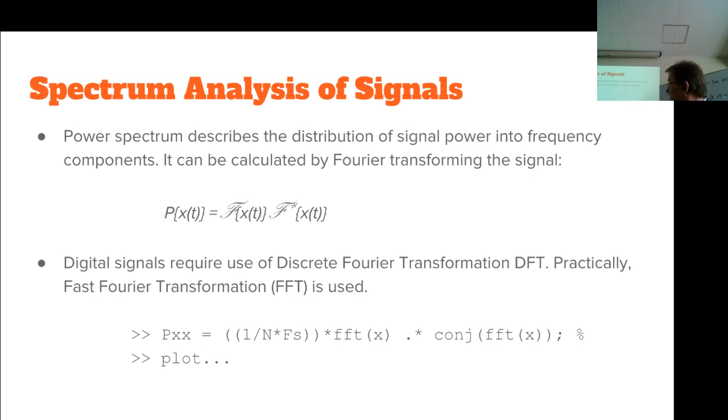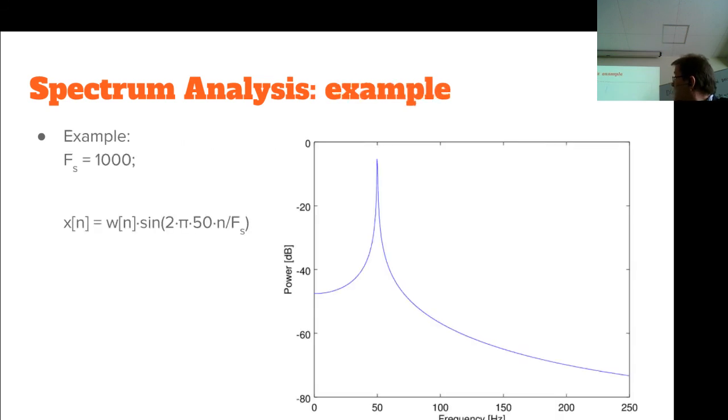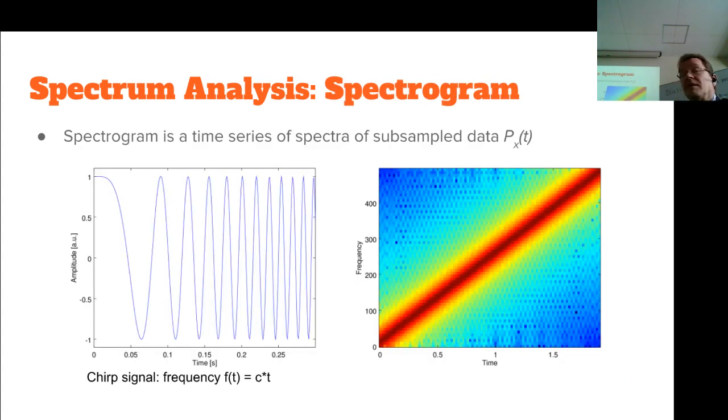And there, this power spectrum is basically the Fourier transformation of the signal multiplied by the complex conjugate of it. And actually, we had this slide on Monday already. We didn't have the practice though. And this was also on Monday. And I think this one was also on Monday slides.